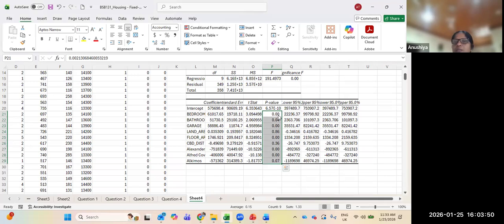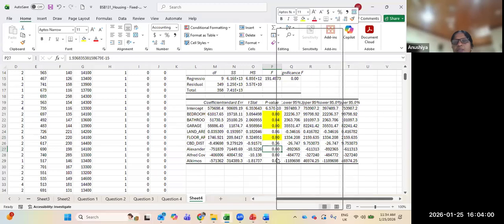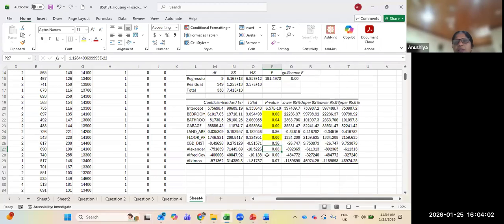So in our case, these three variables are significant, and this one is significant, and all the suburb variables are significant.